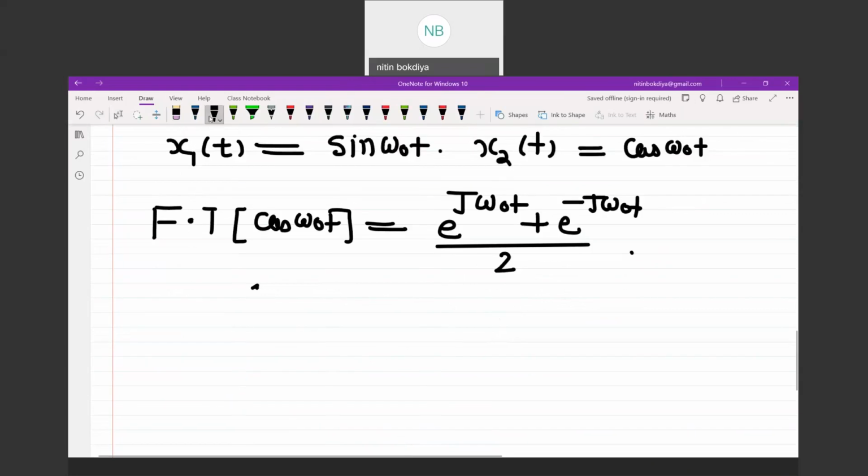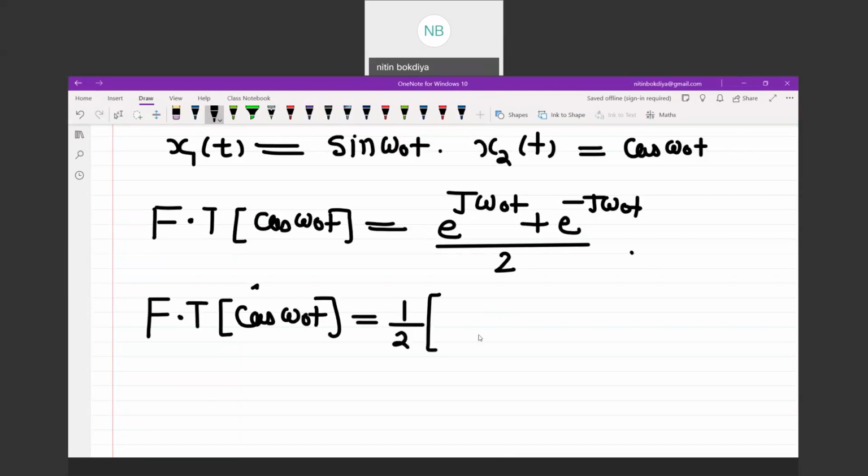This property says the Fourier transform of cos omega naught t is equivalent to 1 by 2 times the Fourier transform of e to the power j omega naught t plus the Fourier transform of e to the power minus j omega naught t.